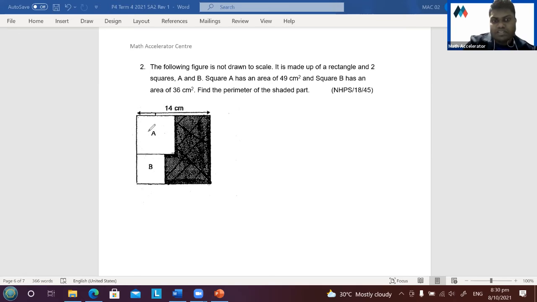Okay, so this is 49 cm square. This is 36 cm square. Now can you type in the chat, what do you know about squares? Anything that you know, all of you. What do you all know about squares?